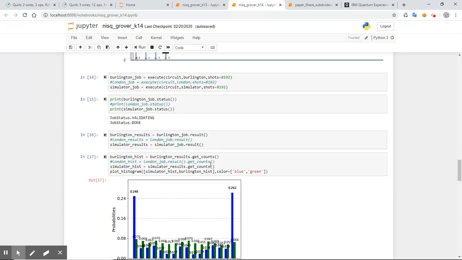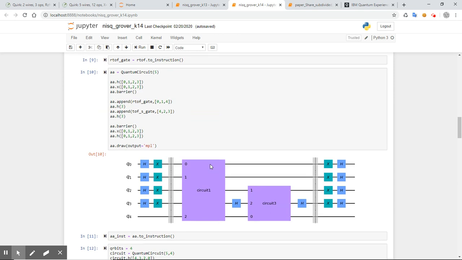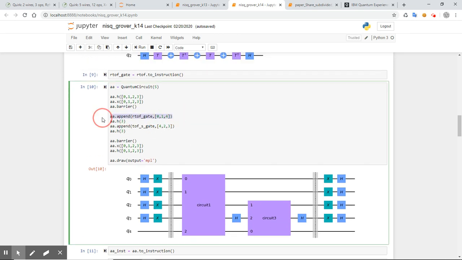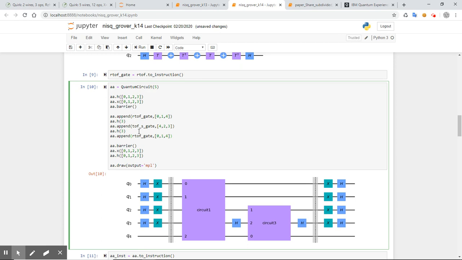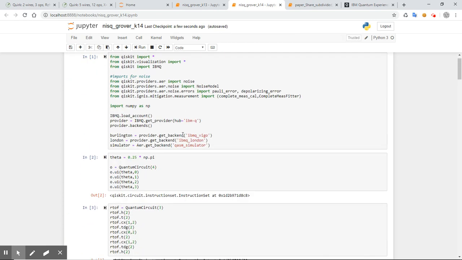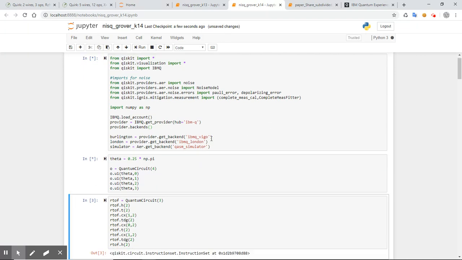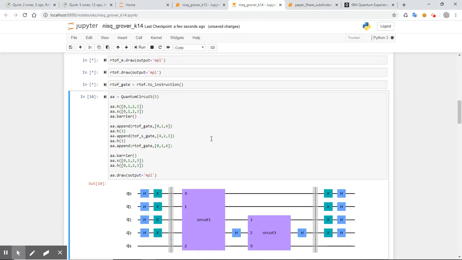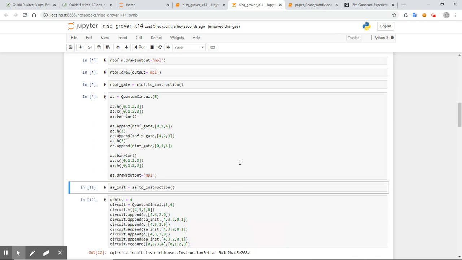I wouldn't definitely change anything here, but I can try. I think I would have to do these again, right? So if I would do these again, if I, let's say, run everything up to this point, let's see what we get.